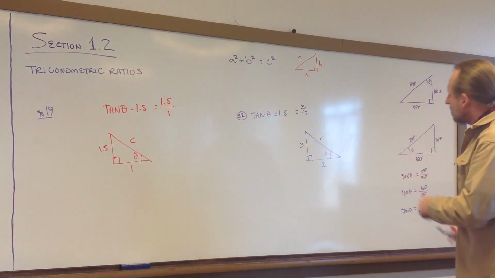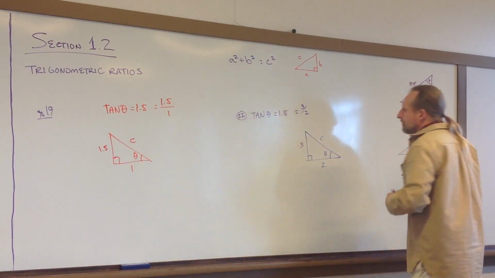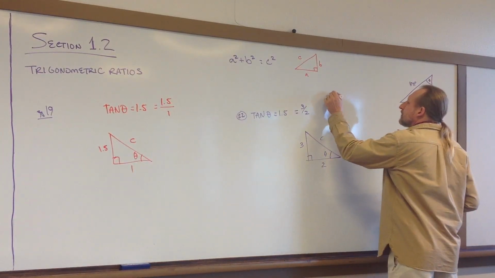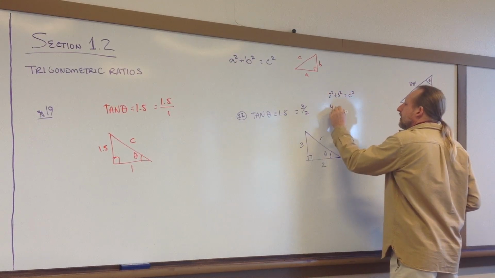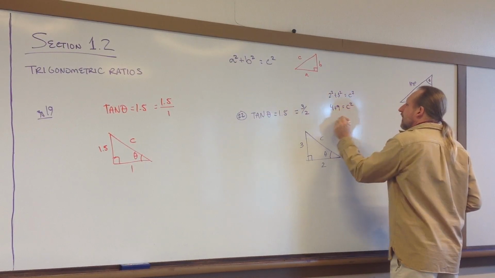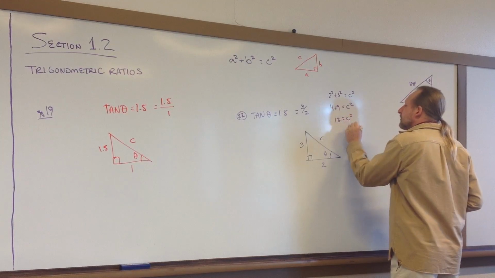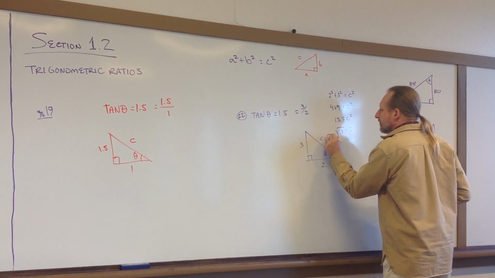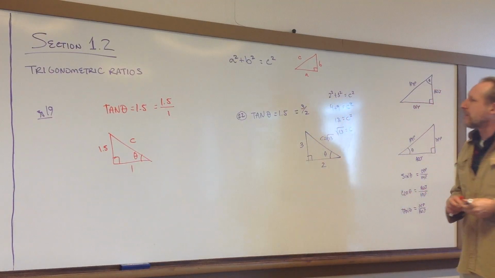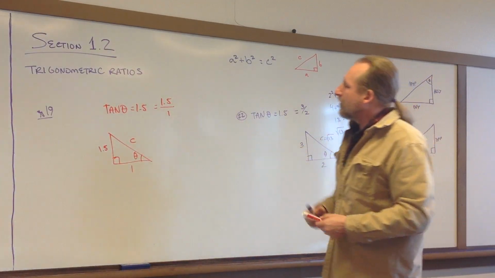Well, let's calculate. Let's find the value of c in this one. So here we'll say 2 squared plus 3 squared equals c squared. So 4 plus 9 is 13. C is the square root of 13. Okay, all right. What about over here?